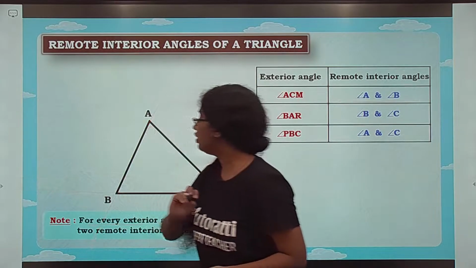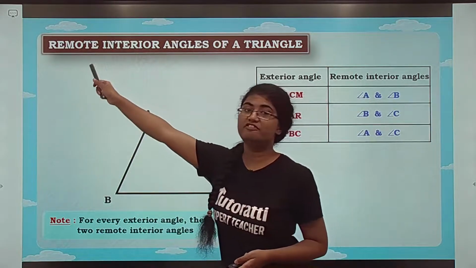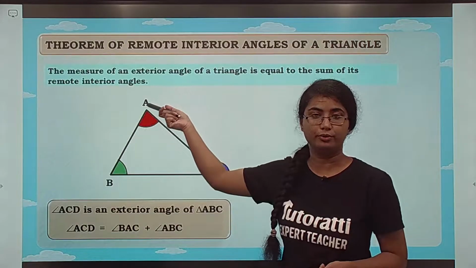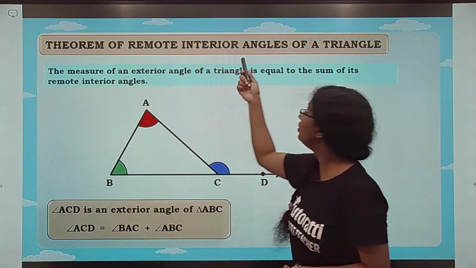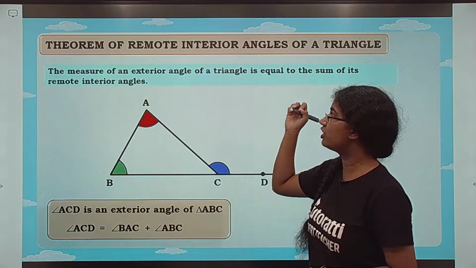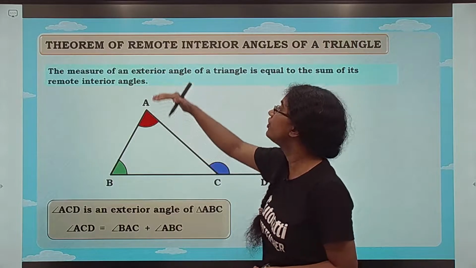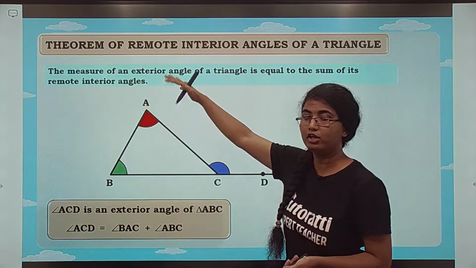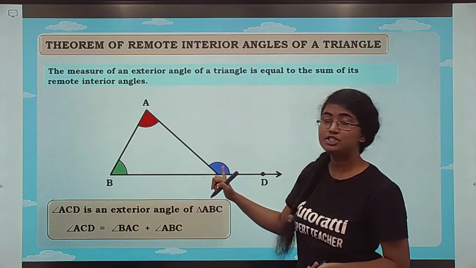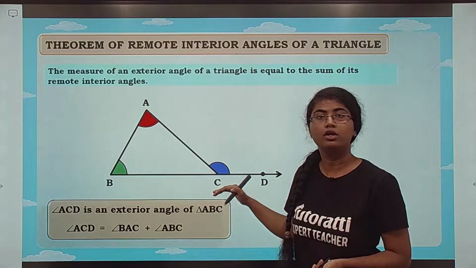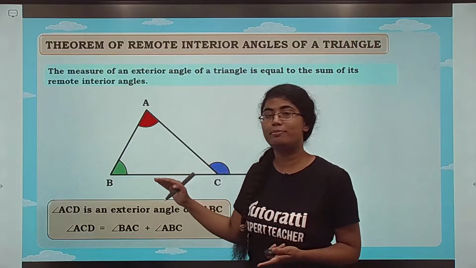Fine. Now that we are aware of remote interior angles, let's move forward and learn the theorem. What is this theorem? It says that the measure of the exterior angle, in the given figure this is your exterior angle, the one highlighted in blue. What does the measure depend upon?